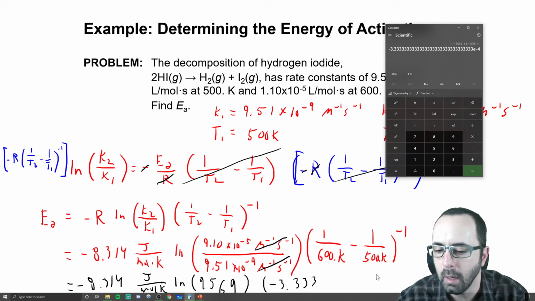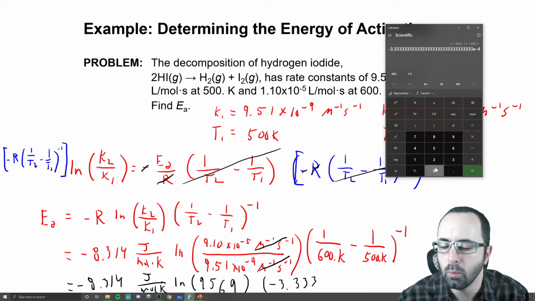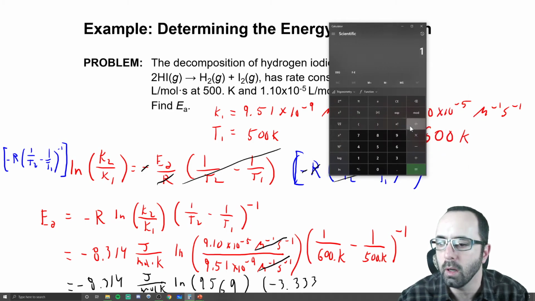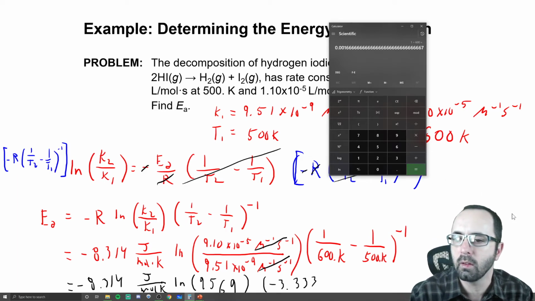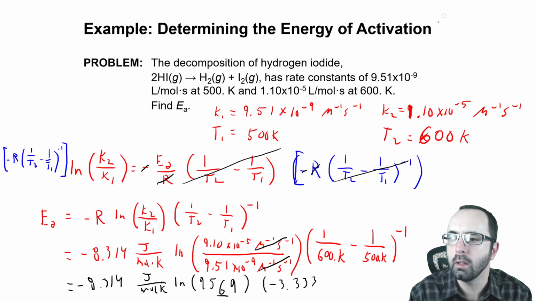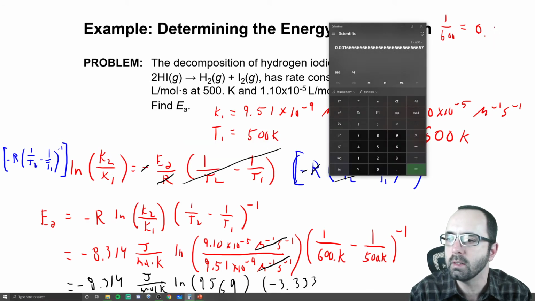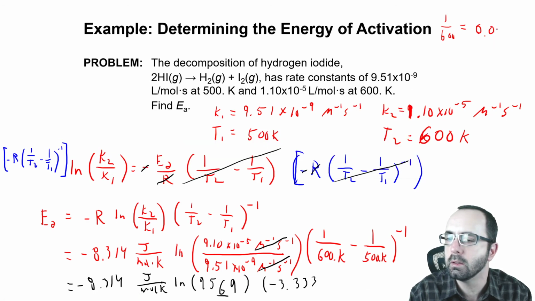You should be careful about your sig figs. We'll probably end up with 3, but you're subtracting, so the sig fig rules apply here. Maybe I should do that off to the side just to show you. So 1 divided by 600 equals 0.001667 with 3 sig figs.